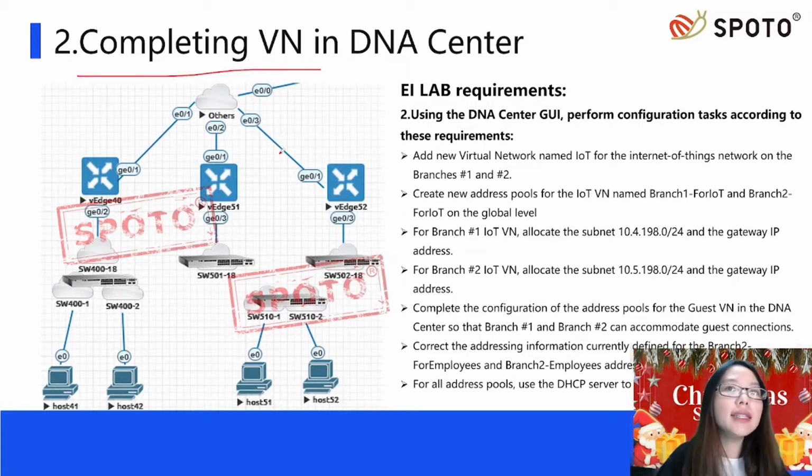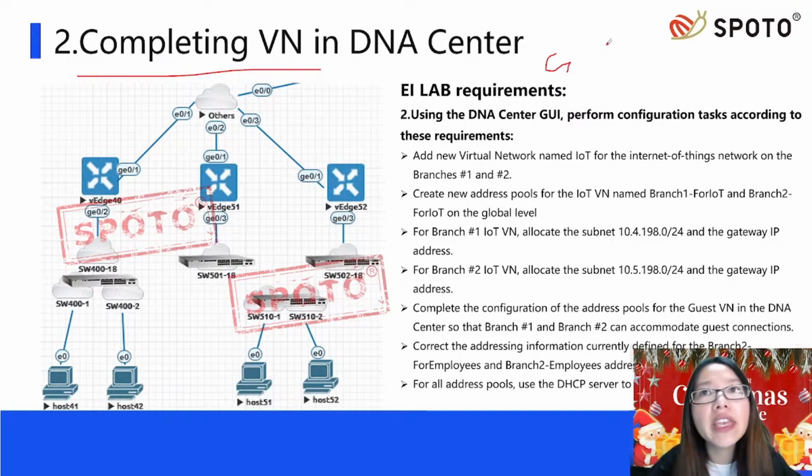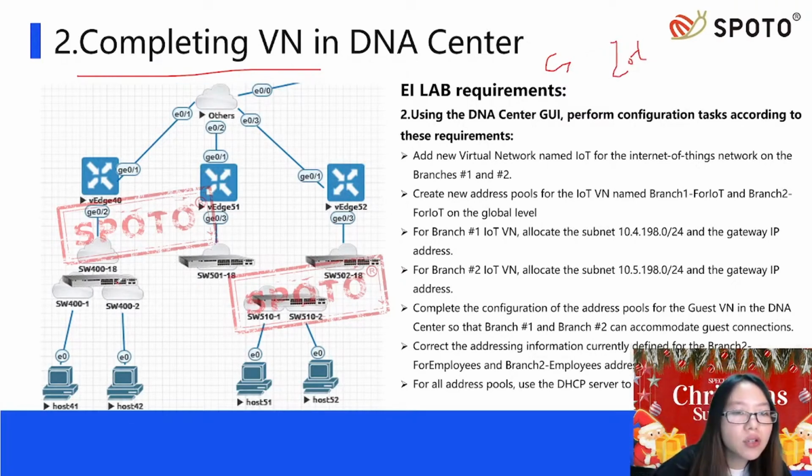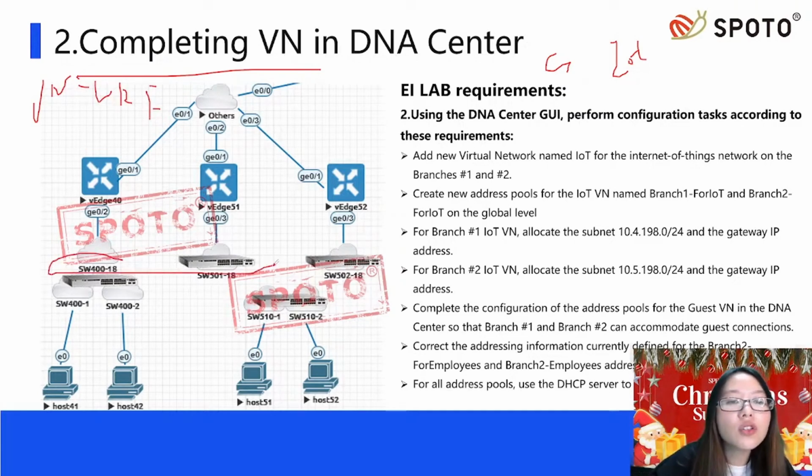In the CCIE EI Lab, a branch has 3 VNs, including guest VN, employee VN and IoT VN. So we need to configure 3 VNs. I just told you a VN is a VRF, so this switch needs to have 3 VNs.